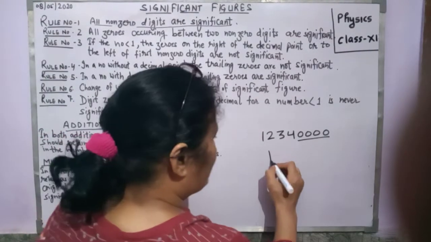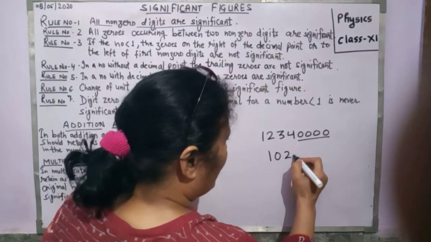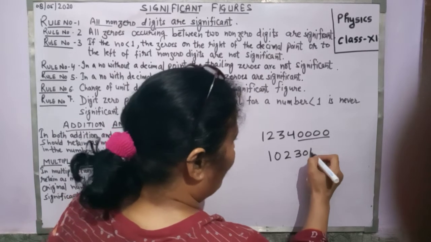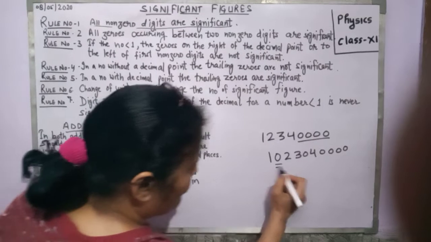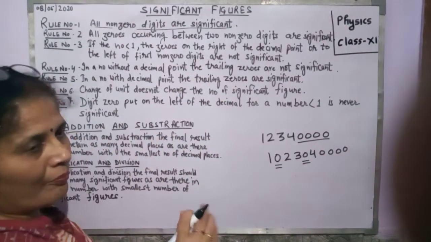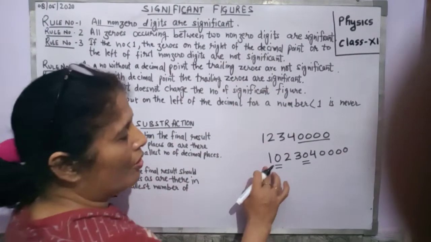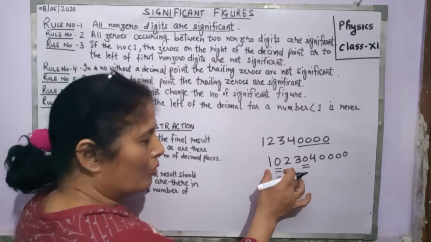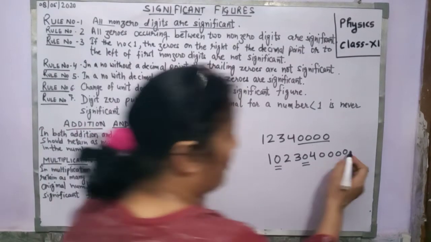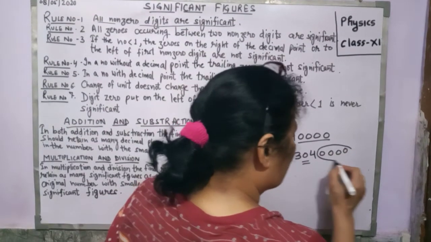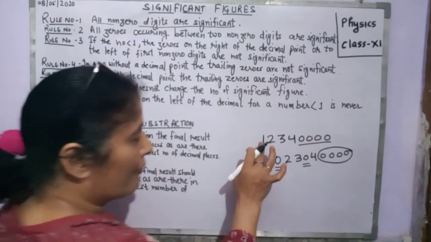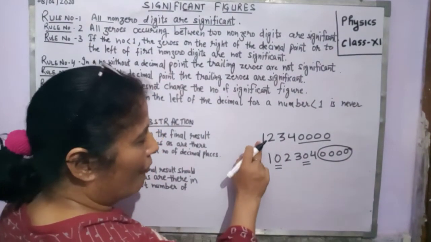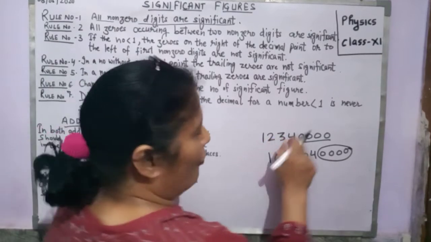If the number is in such a way 0, 3, 0, 4, 0, 0, 0, 0, then these two zeros are significant because these two zeros lie between two non-zero digits, but these 4 zeros are insignificant. And what is the number of significant figures in this case? 1, 2, 3, 4.